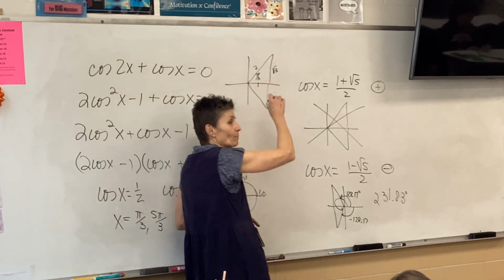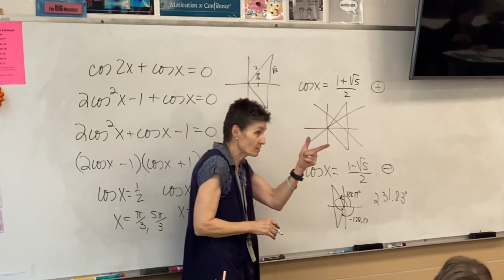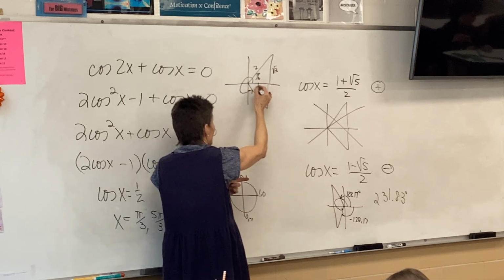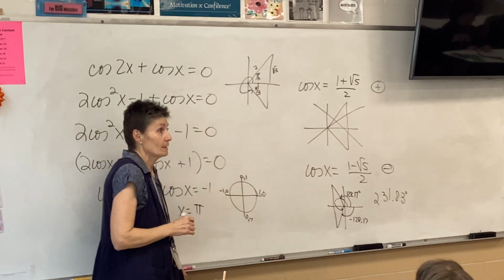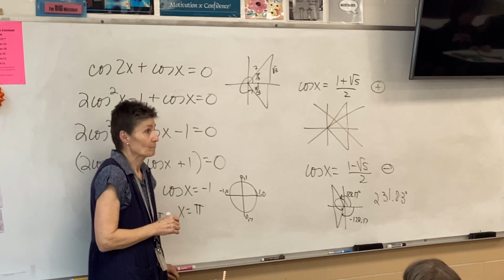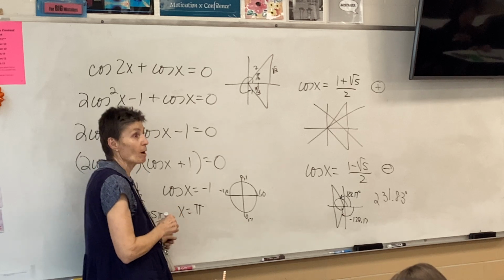Because all the way around is 6 thirds, right? 2 pi, 6 thirds. So if I go all the way around except for pi over 3, it'll be 5 pi over 3. And there are your 3 answers to this problem.